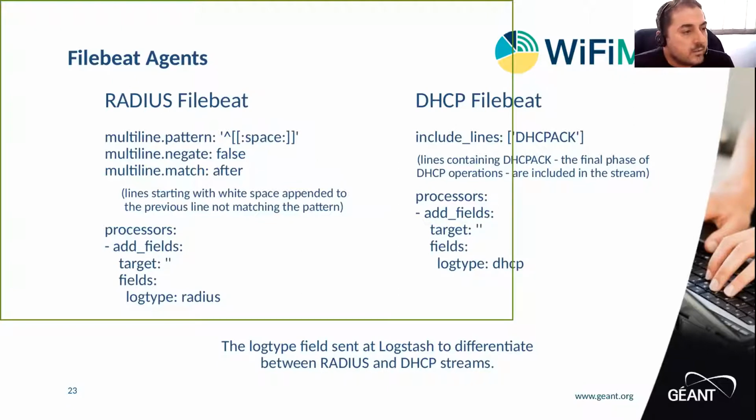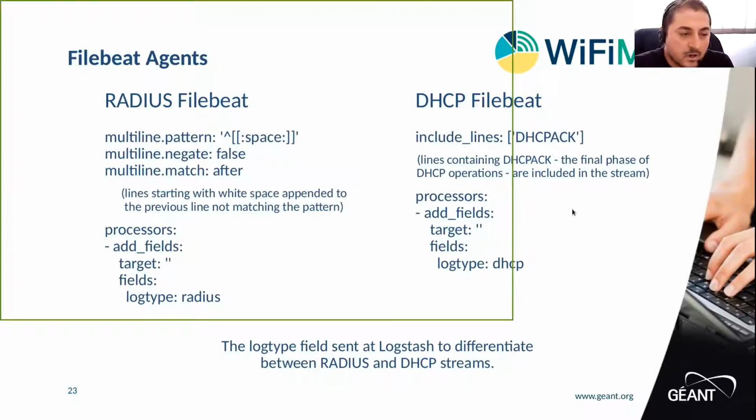So here we see a bit deeper what happens in Filebeat. On the left side are some configuration lines in Filebeat for the RADIUS server; those three lines are how a RADIUS log event is calculated. On the right side are the DHCP lines, which include only lines from logs that have the DHCP acknowledge, which is the final phase of the DHCP operation.